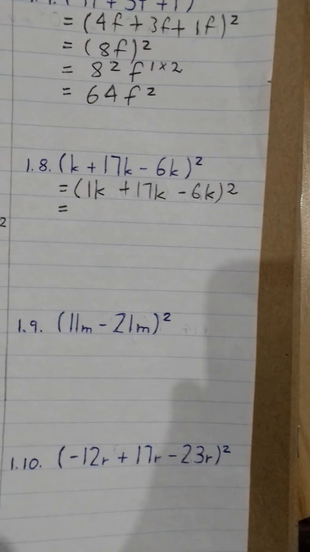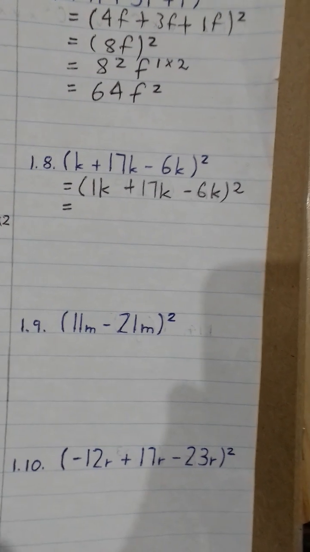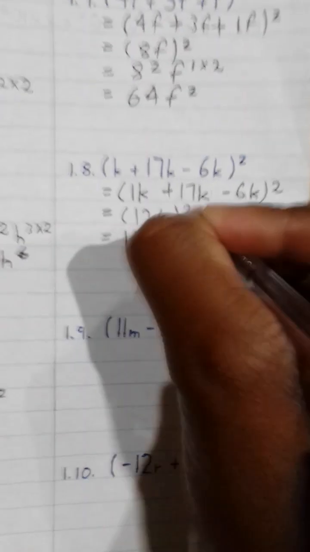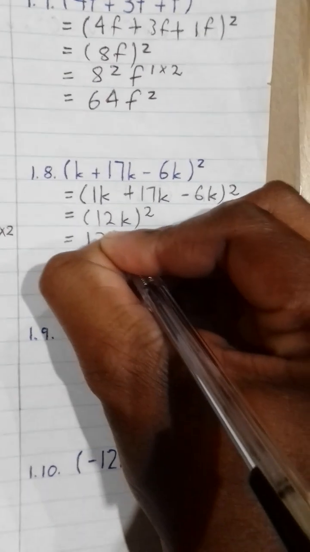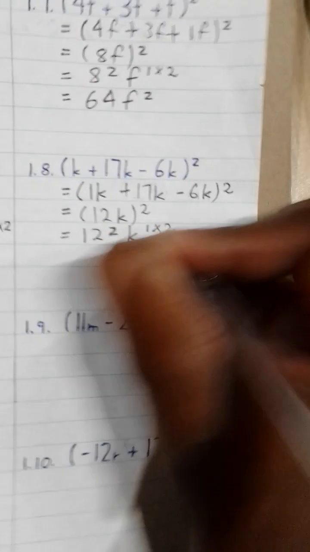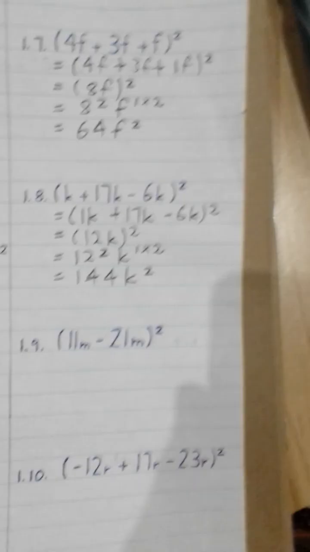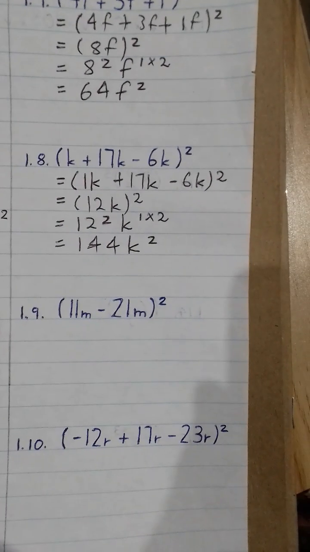So you deal with the coefficients. 1 plus 17 is 18. 18 minus 6 is 12. 12k to the power of 2. So it's 12 to the power 1 times 2, which is 2. K to the power 1 times 2. 12 times 12 is 144. K 1 times 2 is 2. So the final answer is 144k squared.